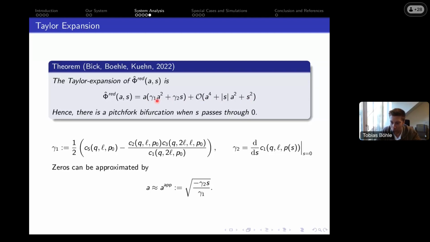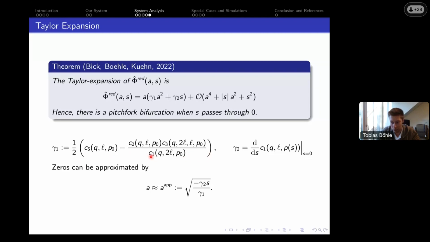And the coefficients gamma 1 and gamma 2, they can be calculated from the Fourier coefficients of W. So in fact, gamma 1 can be calculated using this formula here.